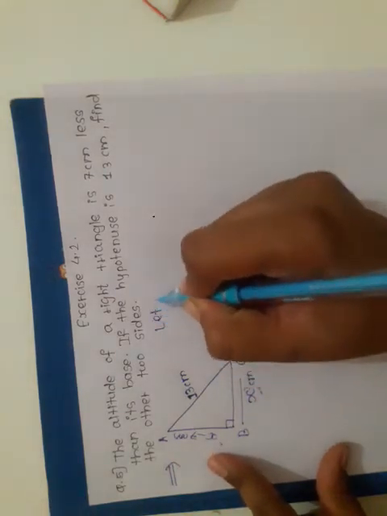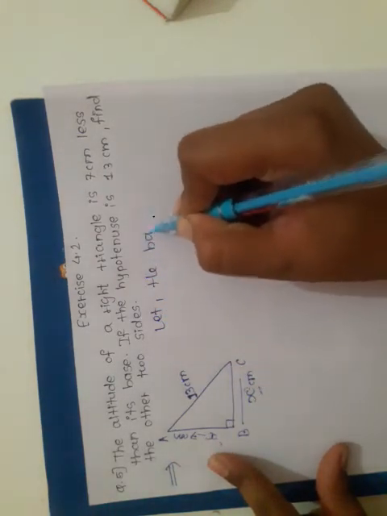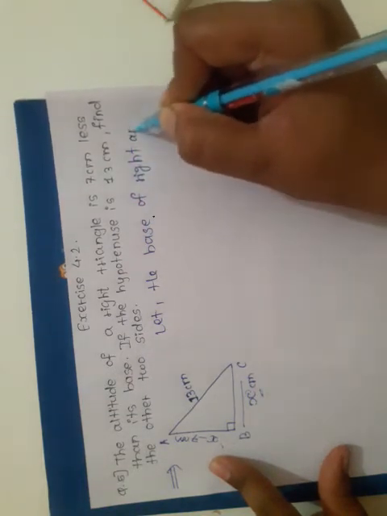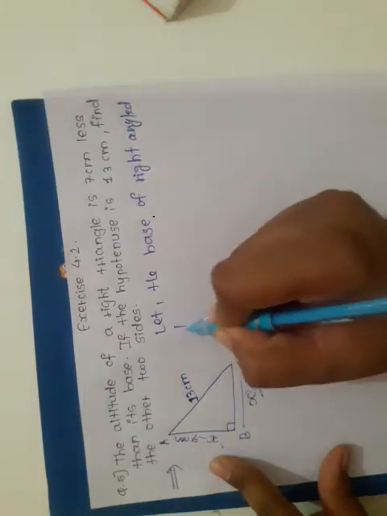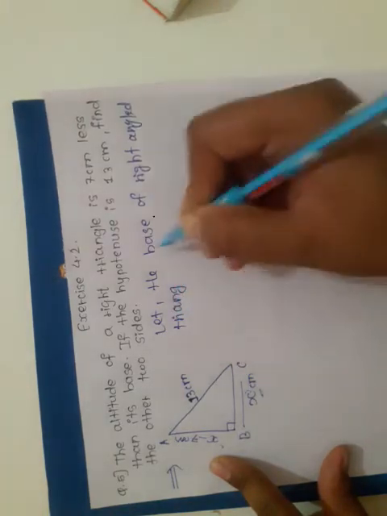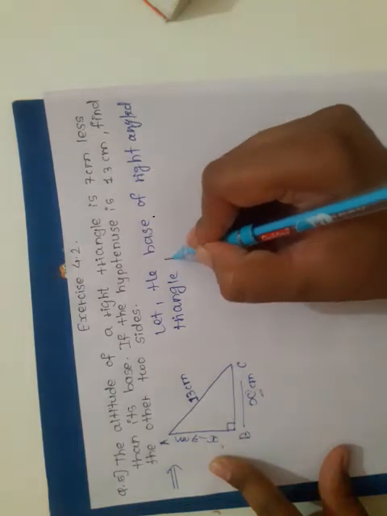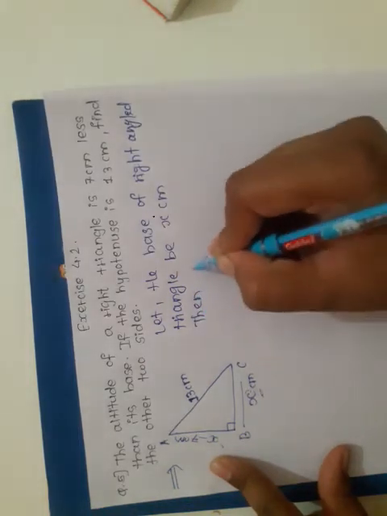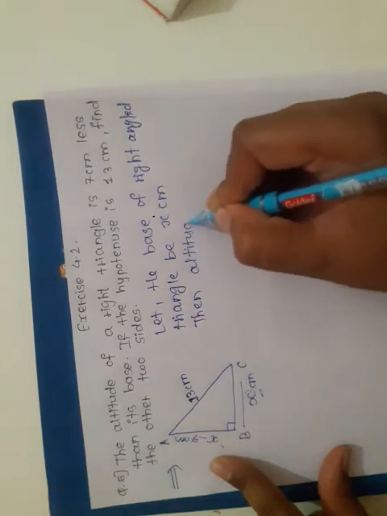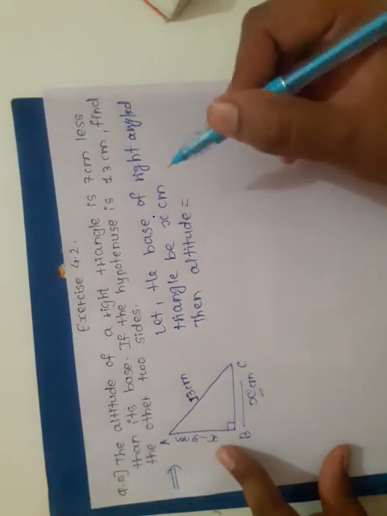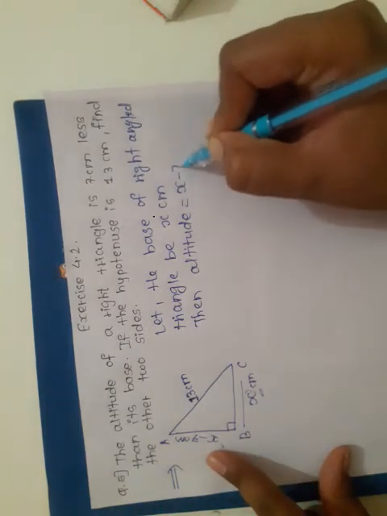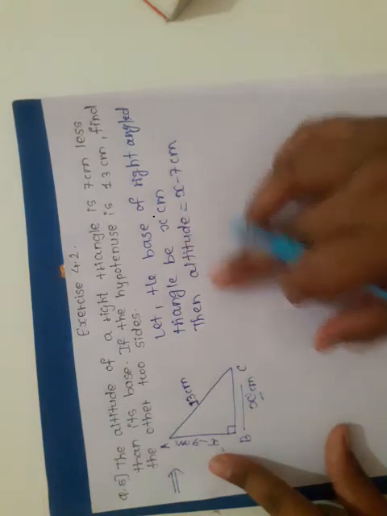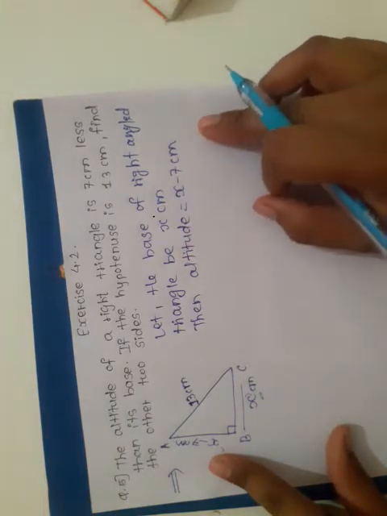Write down here: let the base of the right angle triangle be x centimeter, then the altitude is equal to, obviously 7 less than the base, so we get x minus 7 centimeter.